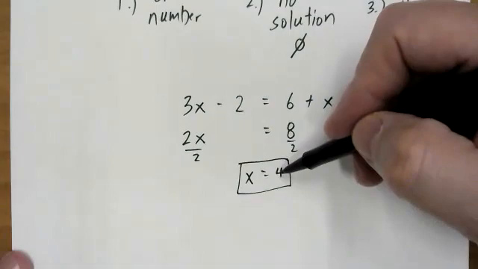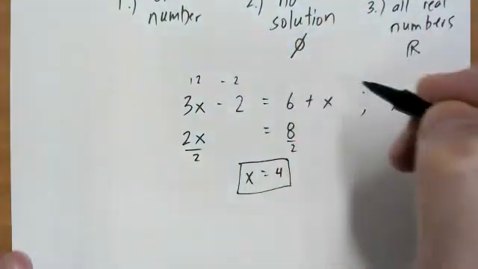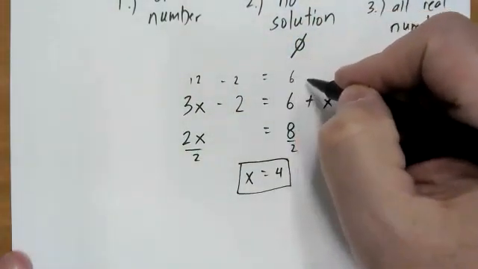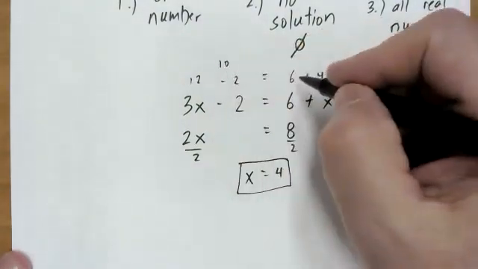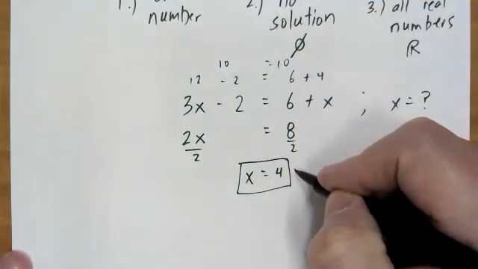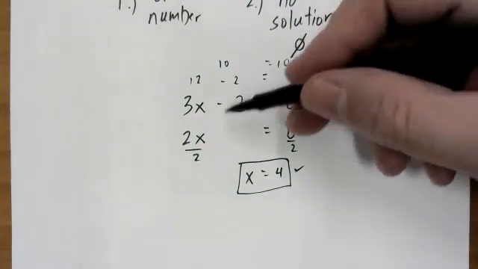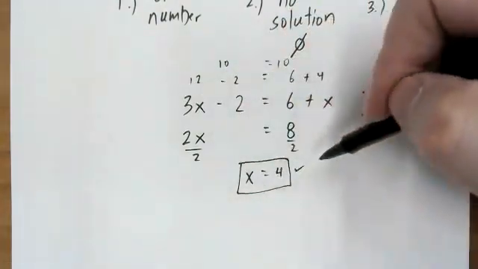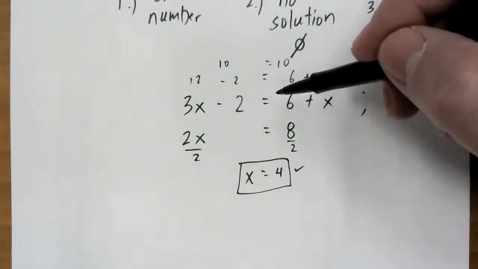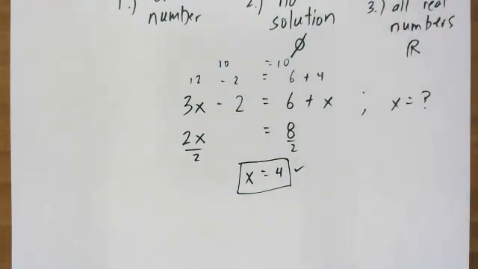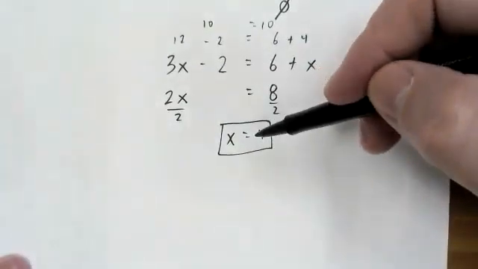If I want to check it, if I plug 4 back in here, this would be 12 minus 2 equals 6 plus 4. 12 minus 2, 10 over here, 10 over here. That confirms that this is in fact the solution. And this is what we think of as being normal. You're given a linear equation and you have one solution. You can see that's my first type of solution.